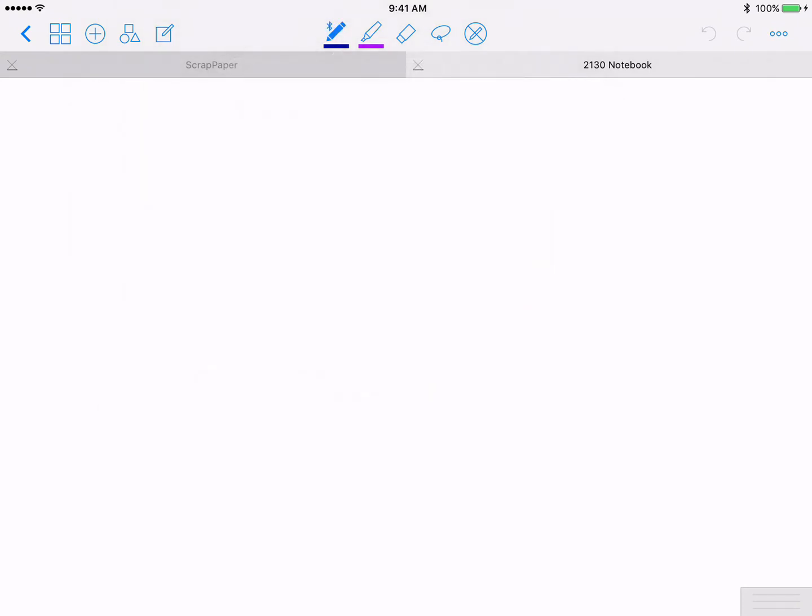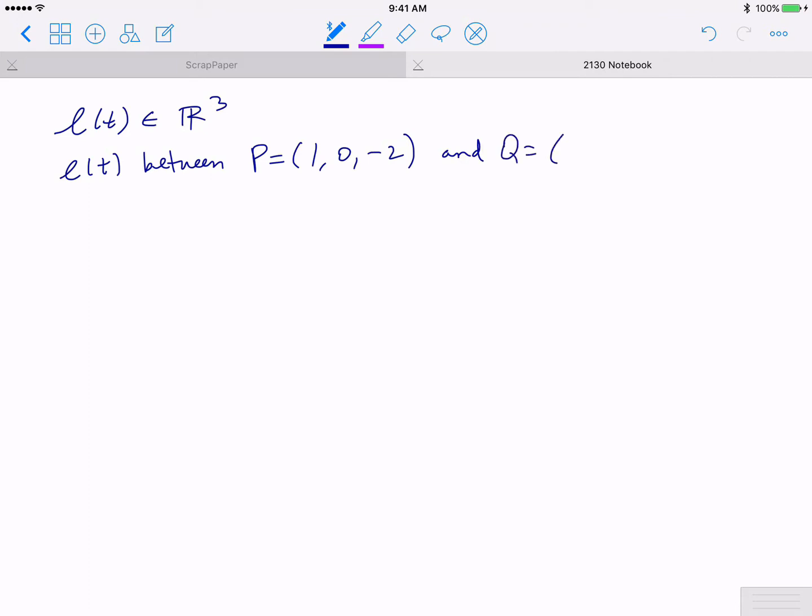So let's construct a line L of t in 3-dimensional space. And let's say that this line L of t goes between the points p equal to (1, 0, -2), and q equal to (3, 1, 0).